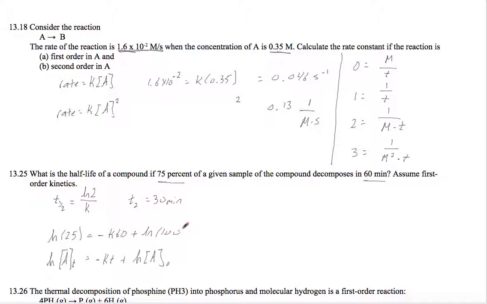So we have 100 for the initial concentration, 100% of it. We have 75% gone, so we have 25. And solve for the constant. The constant comes out to be 0.023, and that'll be minutes raised to -1. I'm going to plug that guy in.